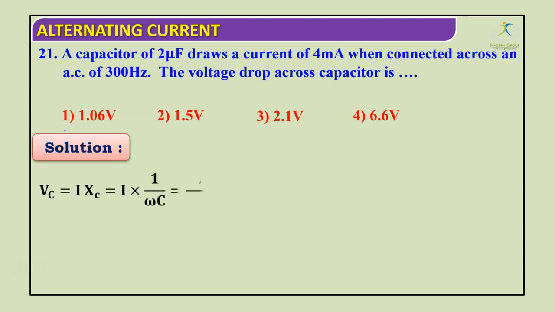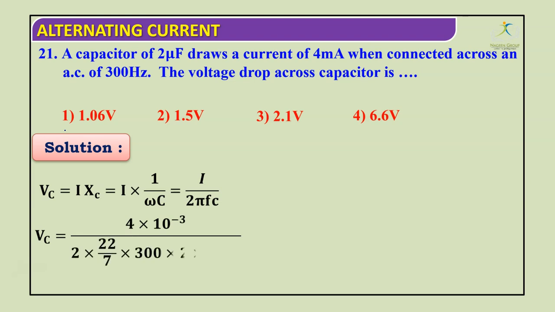Solution part: V_C is equal to I X_C, which is I into 1 by omega C, which is equal to I by 2 pi f C. From here we can calculate the value of V_C after putting in all these values and get the result 1.06 volt, which is option 1.